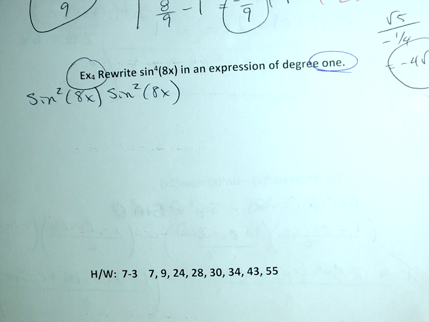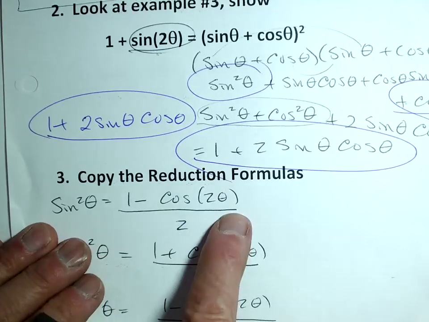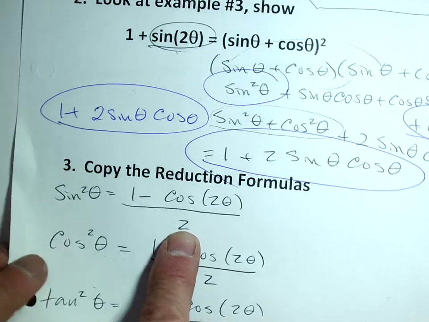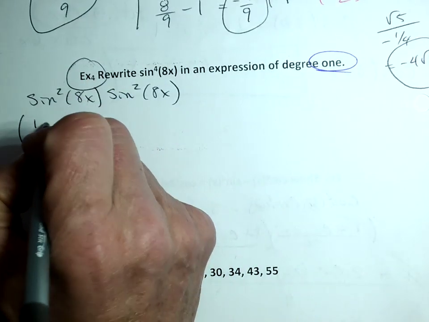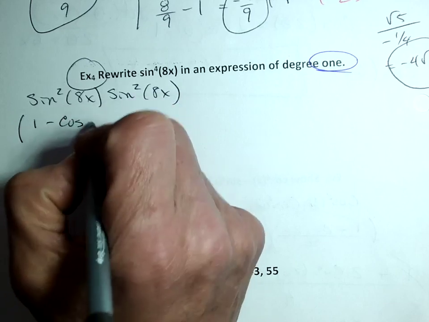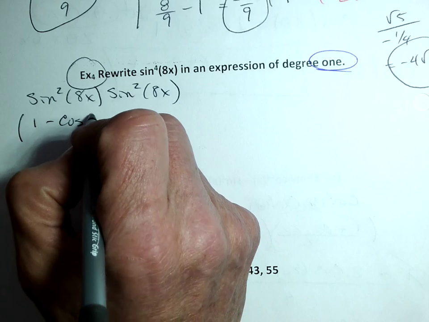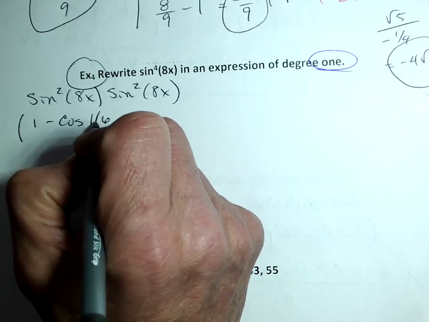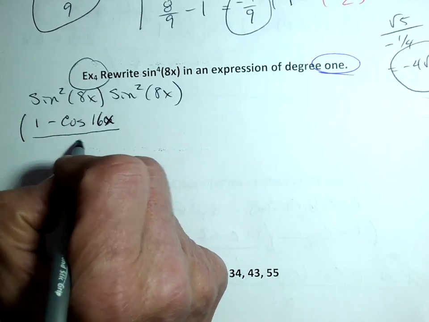Now we've got an identity for that. I'm going to use the 1 minus cosine of 2 theta over 2. I'm going to use it twice because I've got a sine squared, sine squared. So I'm going to rewrite this as a 1 minus a cosine of 16x over 2.